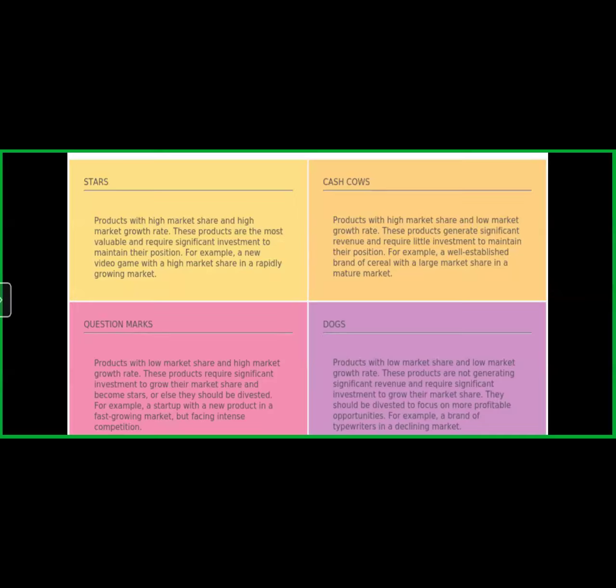Apart from that, these products which are kept under the star quadrant, the star square, demand high investment. Why? Because if you are not investing in improving, if you are not investing in R&D of that particular product, your competitors are going to overtake you in the very near future.